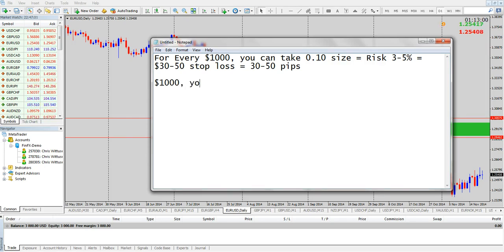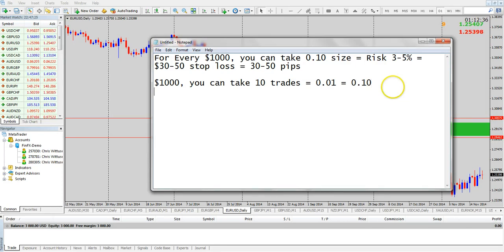However, you can take 10 trades that are equal to 0.01. That is equal to 0.10. Everyone follow me? If you have $1,000, you can't exceed the combined lot size of 0.10.